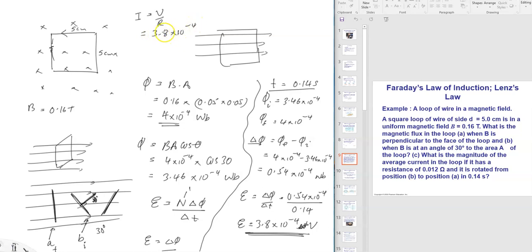It's going to be a very small current, because it's a small voltage. We divide by 0.012. Made a mistake, I guess. About 30 milliamperes, 0.030, something like this. Amps, or 30 milliamps. Okay.